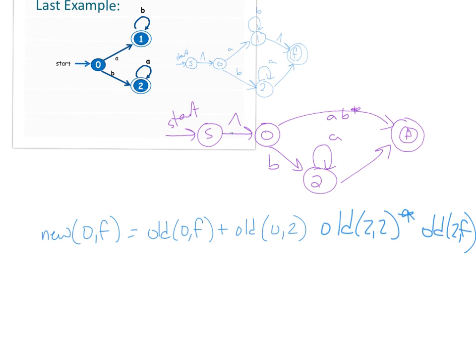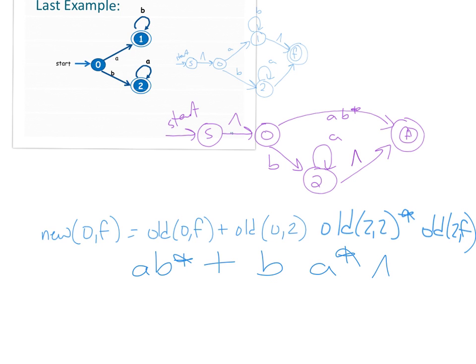So the old 0 to f, that actually exists now, that's AB star. The old 0 to 2 was B. The old 2 to 2 was A, which we have to star. And the old 2 to F, my goodness, I didn't draw that in there. Somehow it got lost. But that was lambda, so we will just say that is lambda.